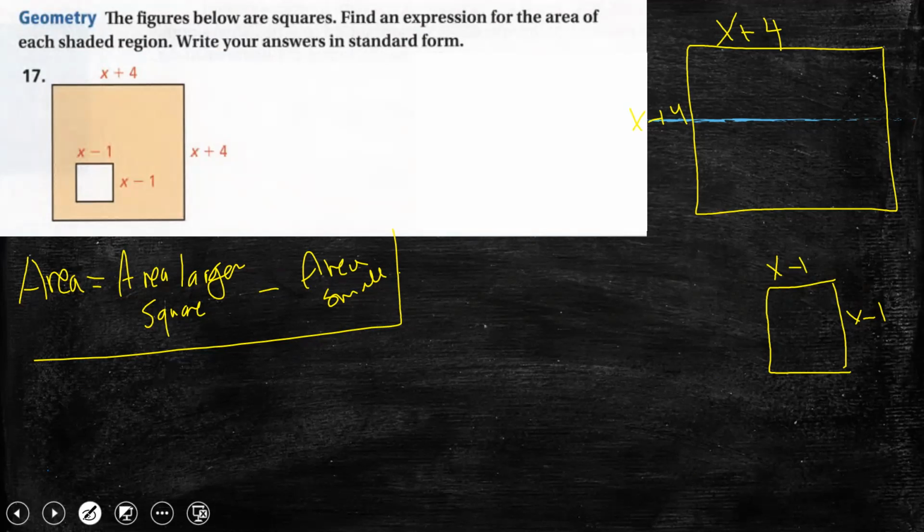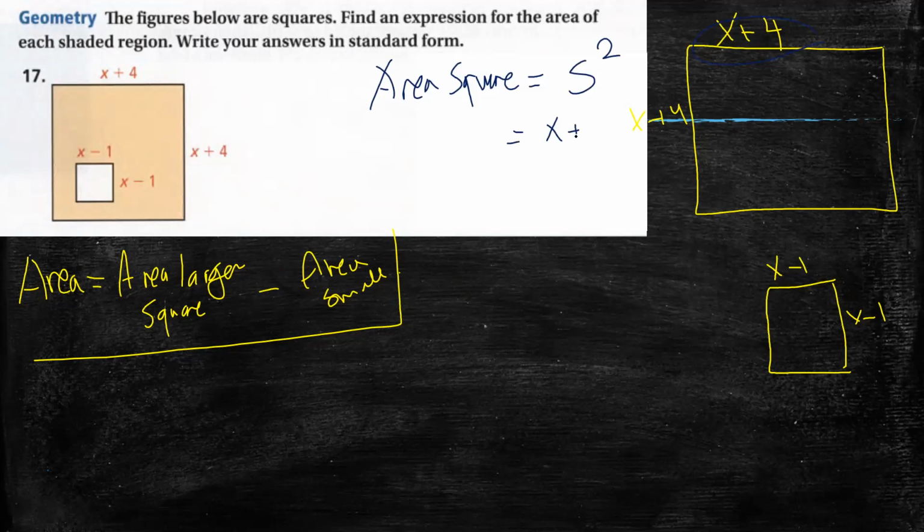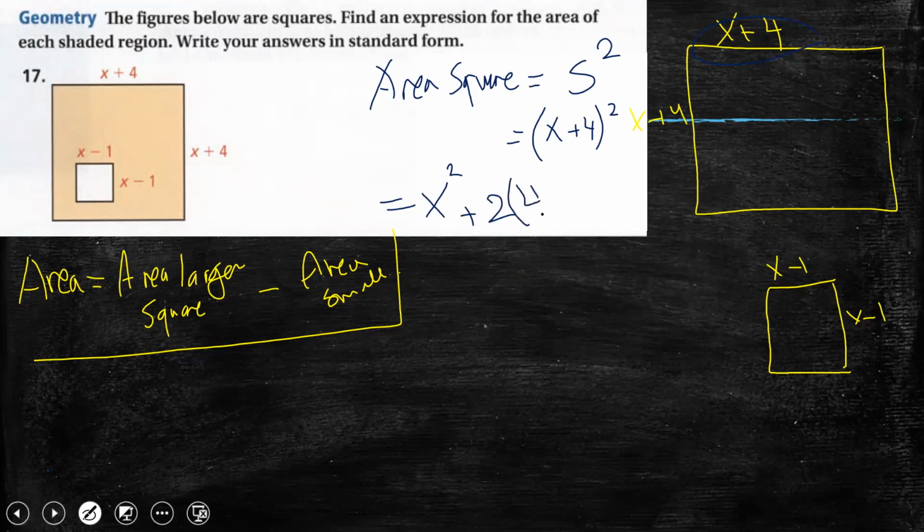Yes. So, as we said yesterday, the area of a square is any side squared. What is the length of any side? It's x plus 4, squared. How can I simplify it? x plus 4 squared: I will square the first monomial, plus 2 times 4 times x, plus 4 squared. Is it right?